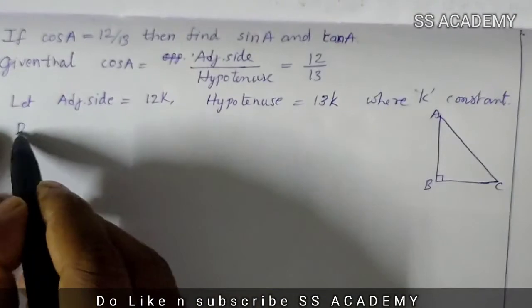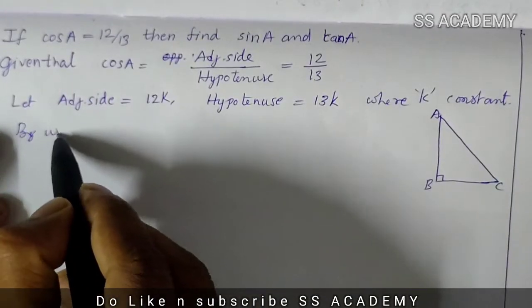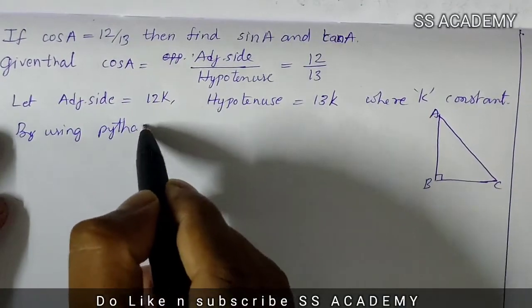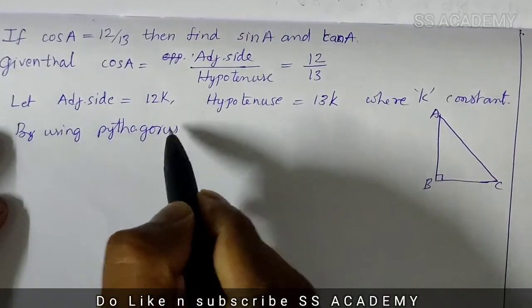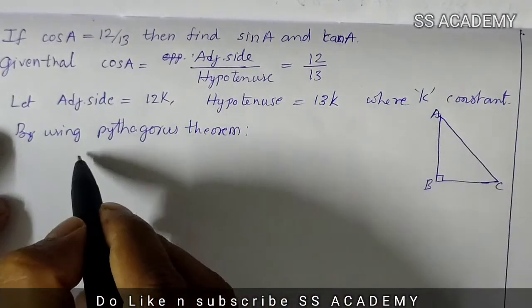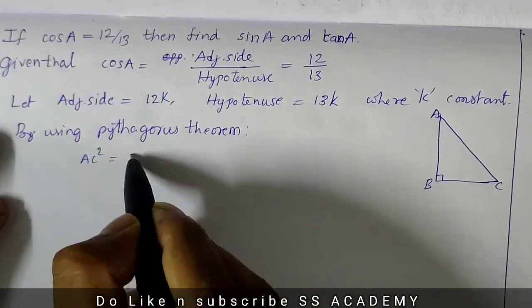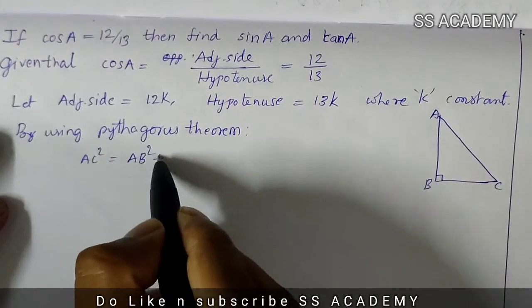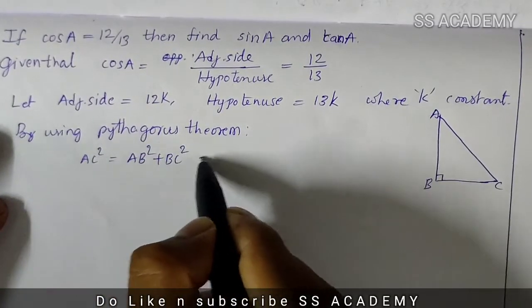By using Pythagoras theorem, we know that AC square equals AB square plus BC square.